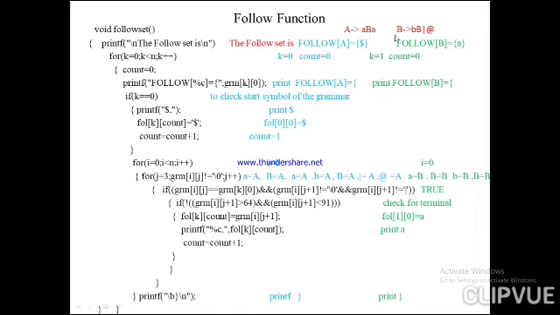B appears here and B appears here. Here there is a terminal a after B, so terminal a has to be written for the follow of B. And one more B is there, but the follow of this is nothing, therefore I have to write the follow of B again, which is a only. Therefore the follow of B is a.